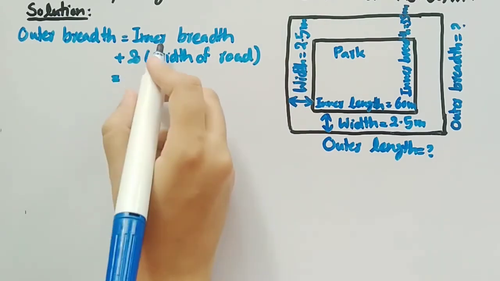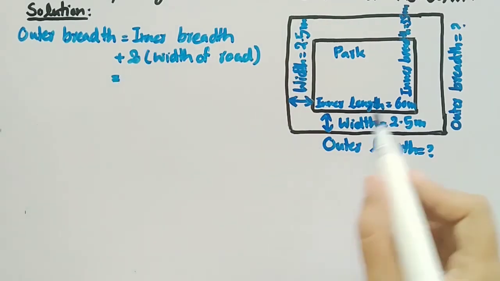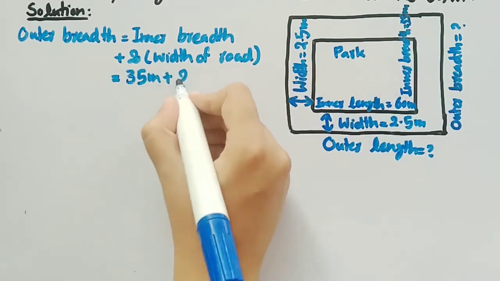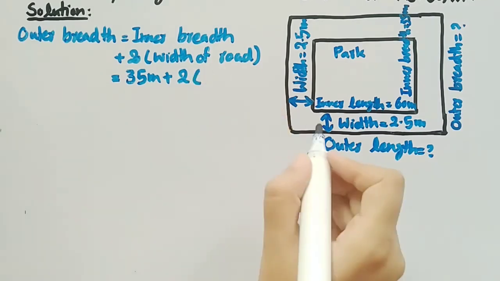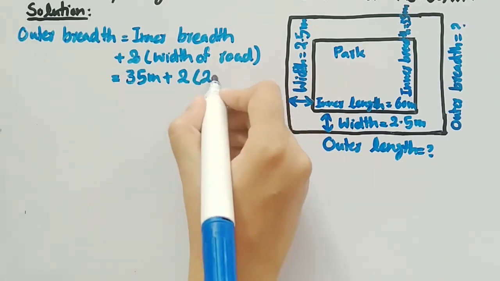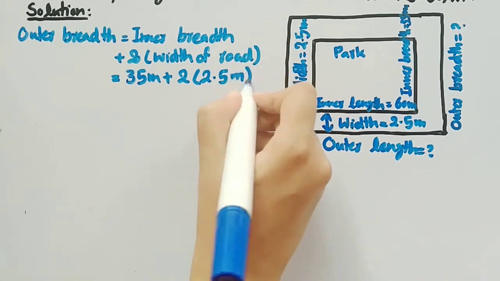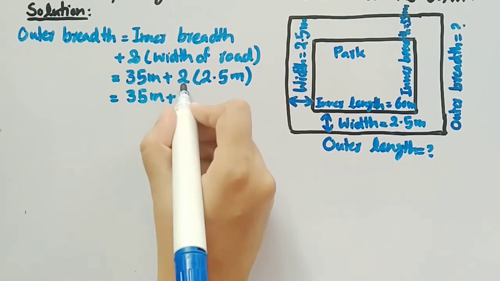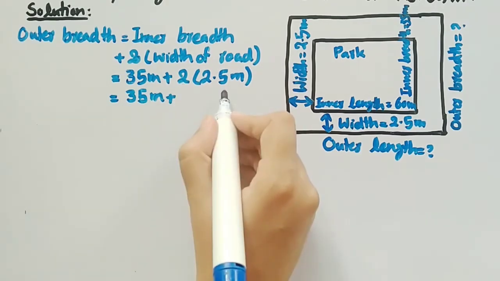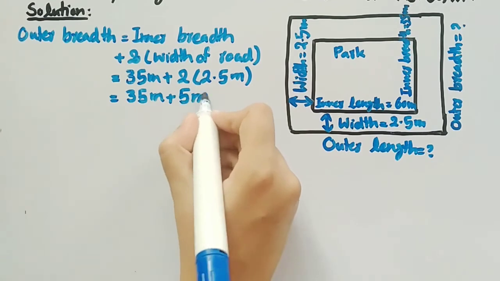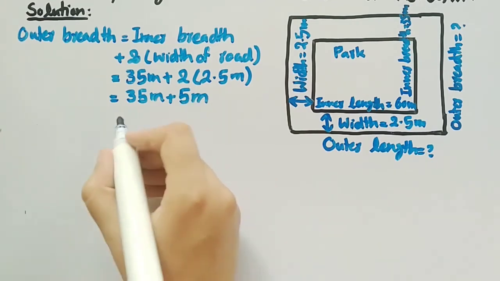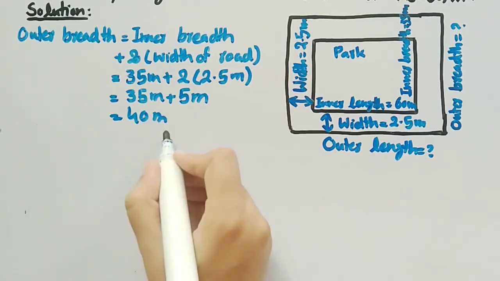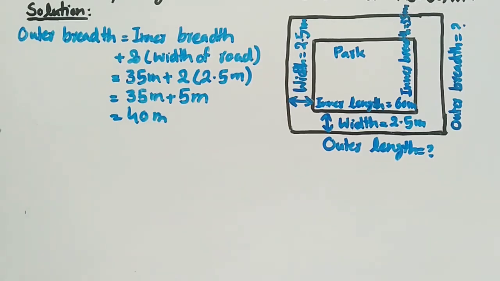It is given that inner breadth is equal to 35 meter plus 2 times width of road is 2.5 meter, which can be written as 35 meter plus, when 2 is multiplied by 2.5 meter we get 5 meter. 35 plus 5 is equal to 40. So outer breadth is equal to 40 meter.